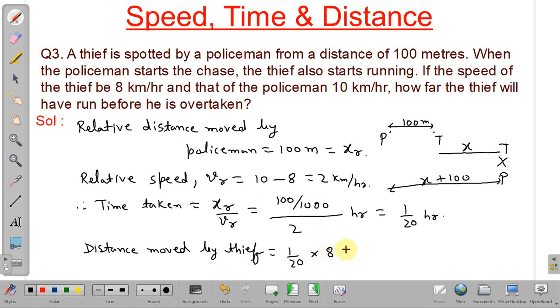So this much kilometers, 8 by 20, that is 2 by 5 kilometers. Okay, 2 by 5 kilometers, and when we convert this into meters we multiply by 1000, so it will be equal to 400 meters.